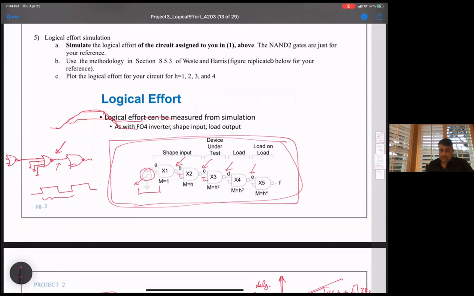For the NAND gate, you hook up the other inputs to the supply, so you turn them all into ones, and the input transitions between 0 and 1. So effectively, you're hooking up the NAND gate as if it was an inverter.